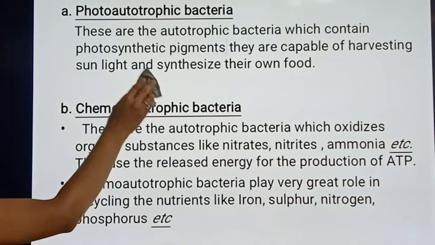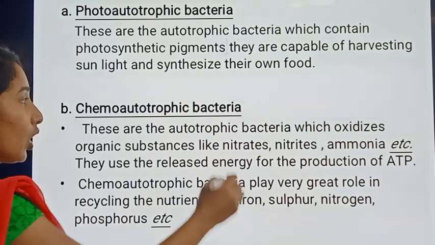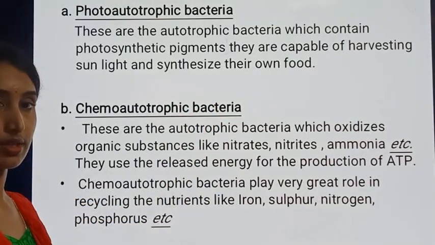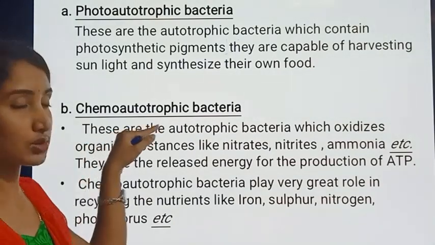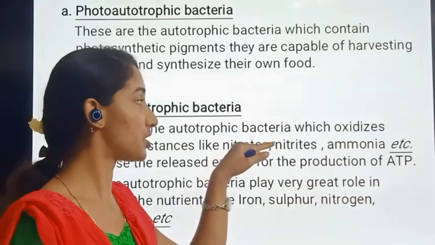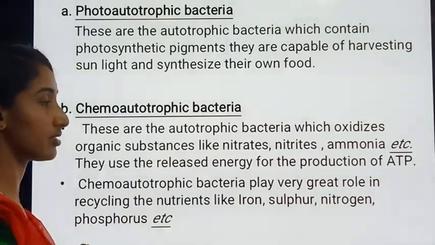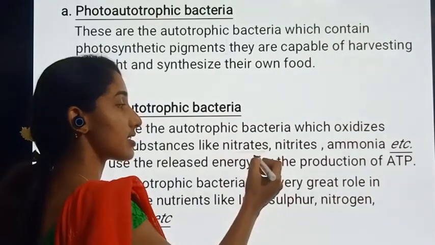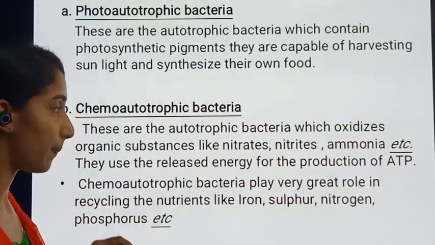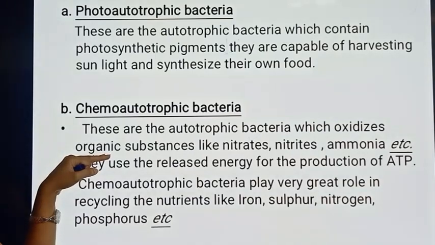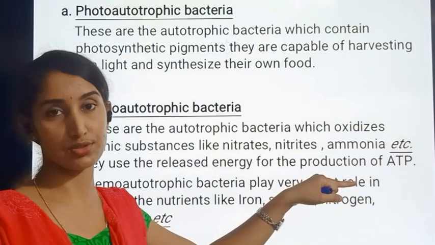Next comes the second type under autotrophic bacteria, that is chemoautotrophic bacteria. What does chemo represent? These are the autotrophic bacteria which oxidize substances like nitrates, nitrites, ammonia, etc. By using these substances, they use the released energy for the production of ATP.